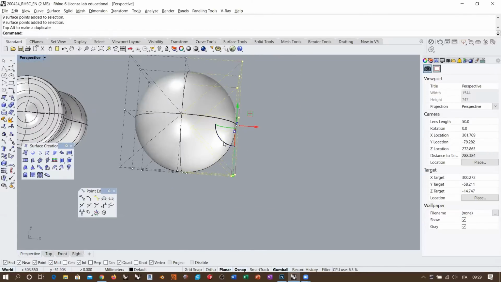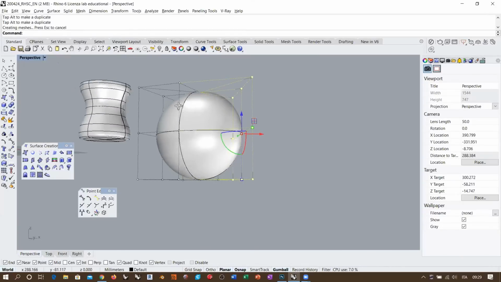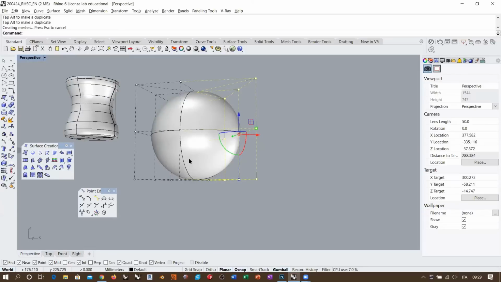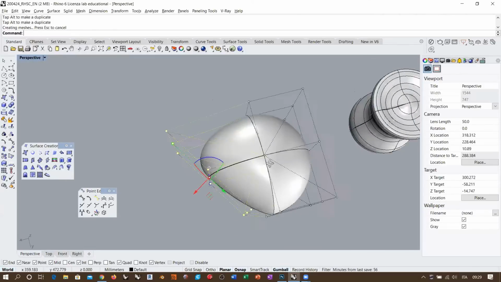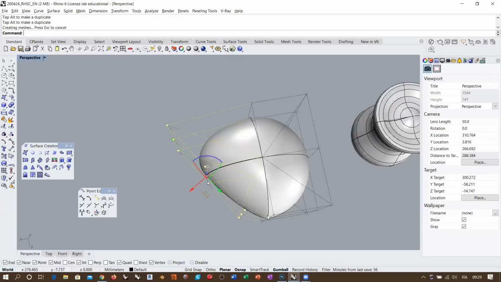But if I rotate them, the rotation produces no particular consequence in this plane, but it is shifting these points from this face of the cube. And so a discontinuity starts to appear along this edge or along this isocurve, and also along this isocurve. Okay, you see that a crease starts to appear.